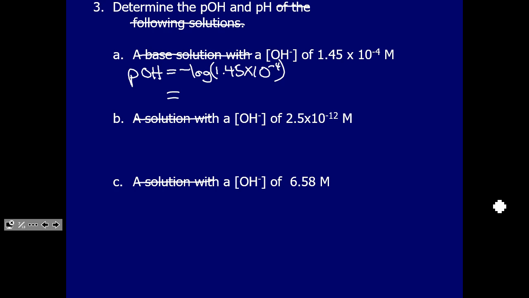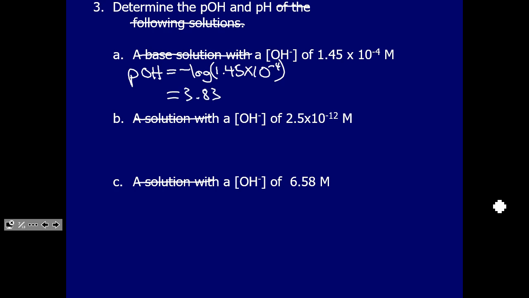I'm not even going to show Clarissa how to do that on a calculator. It's the same thing. What do we get for a pOH? 3.83. It's got to be close to 4, 3.83.